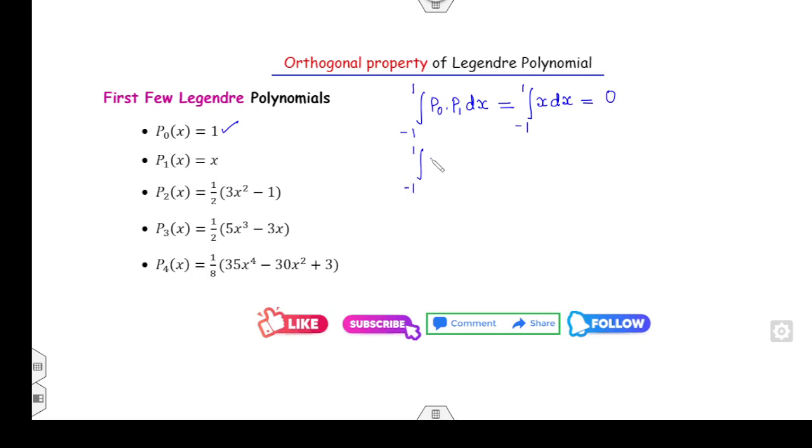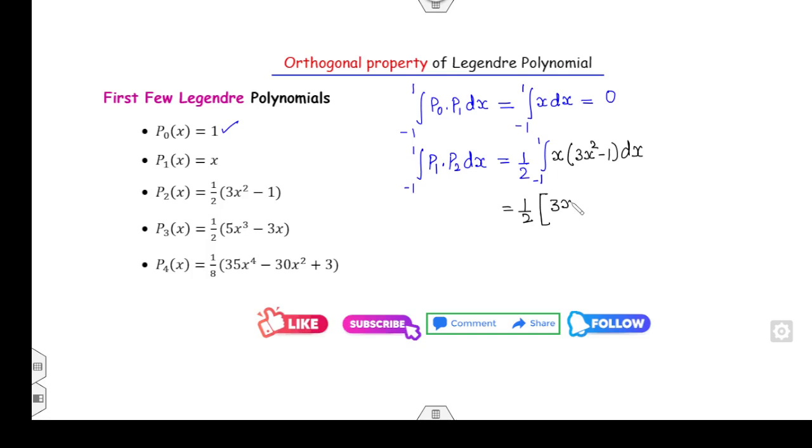Similarly, if you look at P1 and P2, if you substitute the values of P1 and P2, half will be outside, and the integral from -1 to +1 of x into (3x square minus 1) dx. If you open this bracket, it's 3x cube minus x.